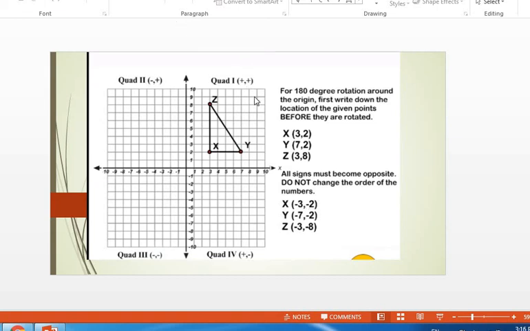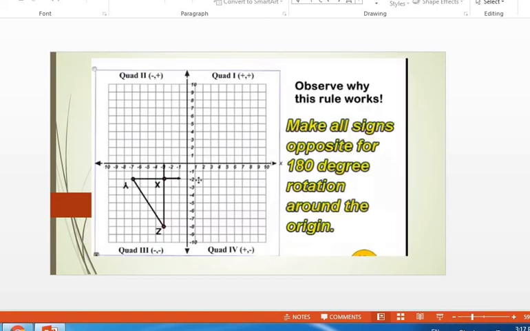You can think about this by doing so. I have here 3 and 2 for x. When it is rotated 180 degrees, it will be x negative 3 and negative 2.